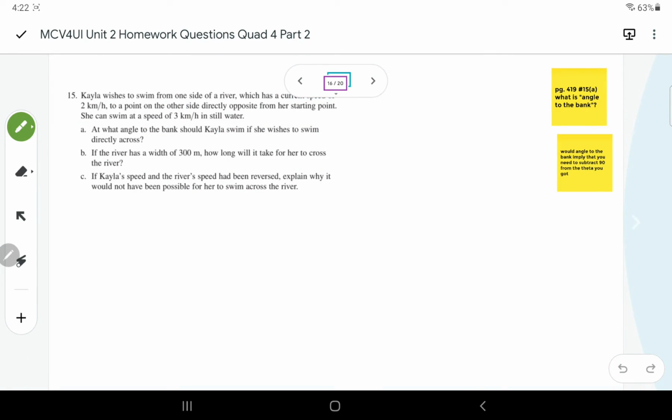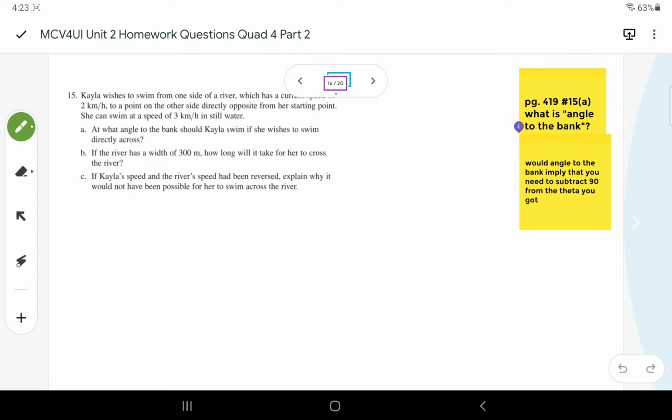So the next one, good question here. This is what is the angle to the bank? And it says, would that imply you subtract 90 from the theta that you got? It kind of depends how you're calculating your theta, but the bank of a river is the edge. So wherever you calculate what angle to the bank should she swim if she wishes to go directly across.